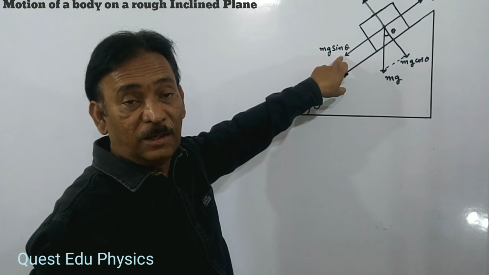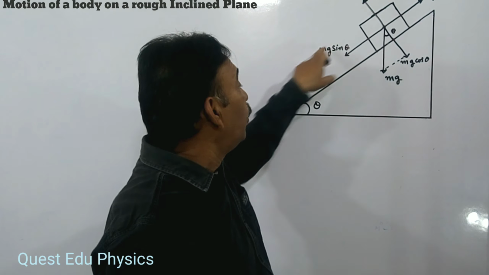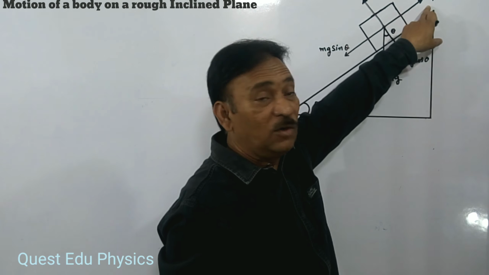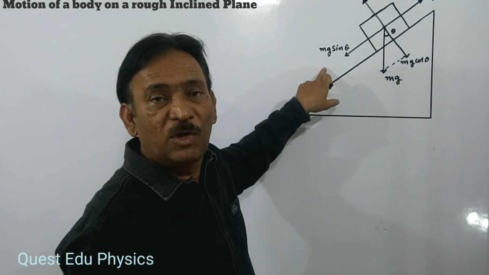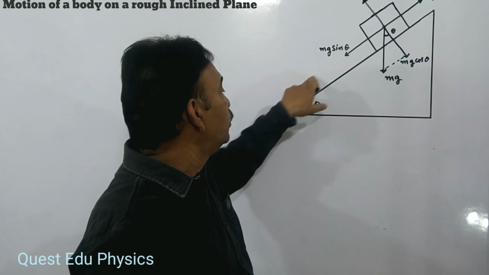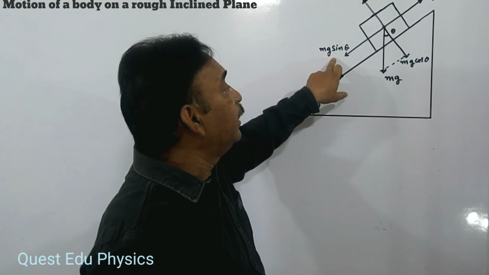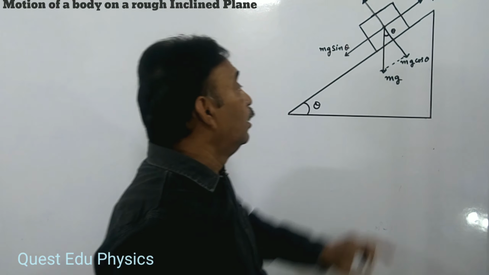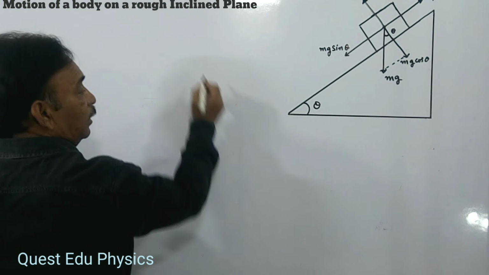If mg sin theta is greater than the frictional force, then only the body tends to move or moves. If the frictional force is more than mg sin theta, there is no question of motion of the body. I told you the body is moving down in this direction. That means mg sin theta must be greater than the frictional force.